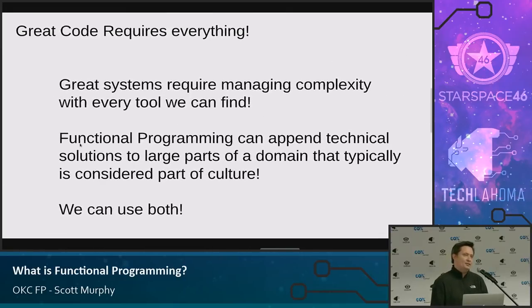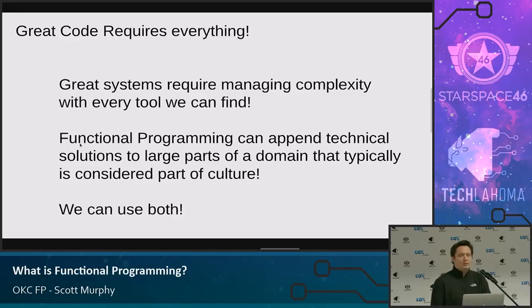So I think that to write good systems, you have to use everything you can possibly use. Great culture is important, and managing complexity technically is also important. And I think the technical management of complexity is where functional programming really shines.